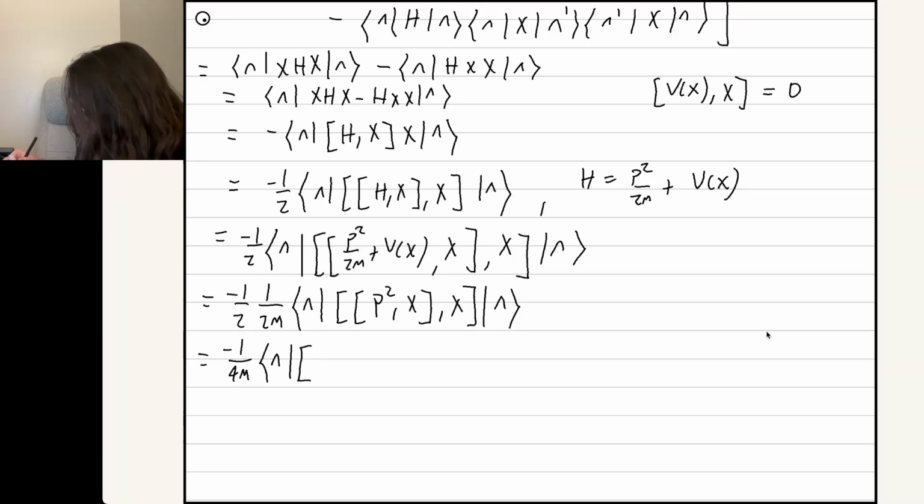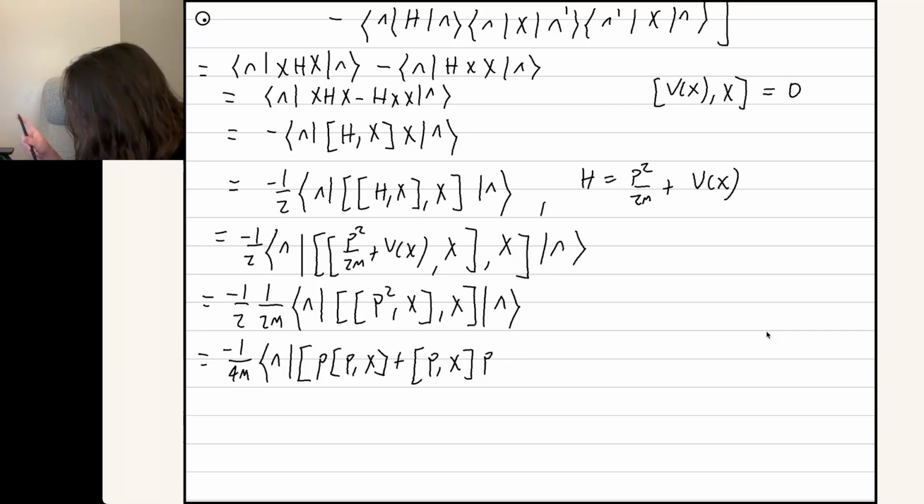It's like p times the commutator p with x plus p times the commutator p with x, and actually the second one would be right multiplied, so it's going to be the commutator p with x, p.